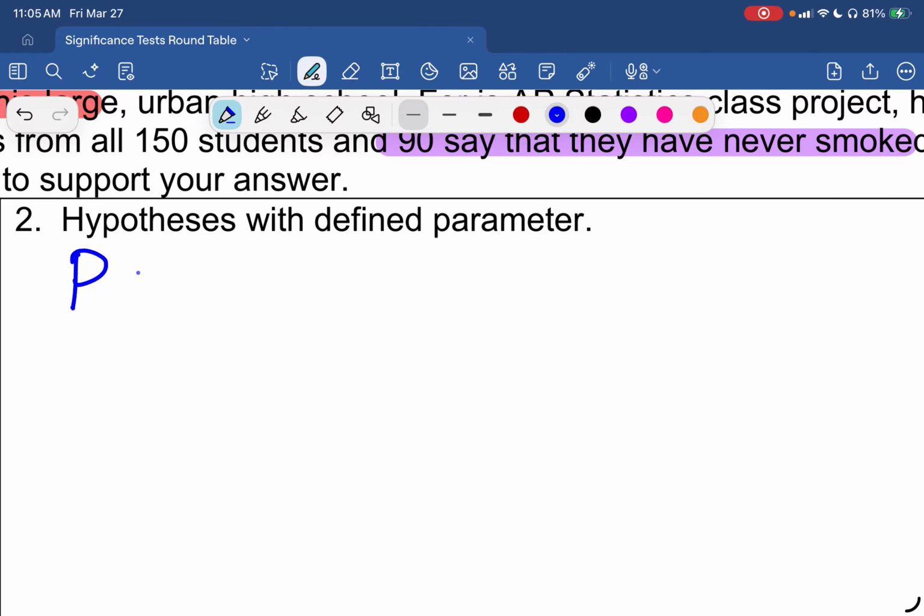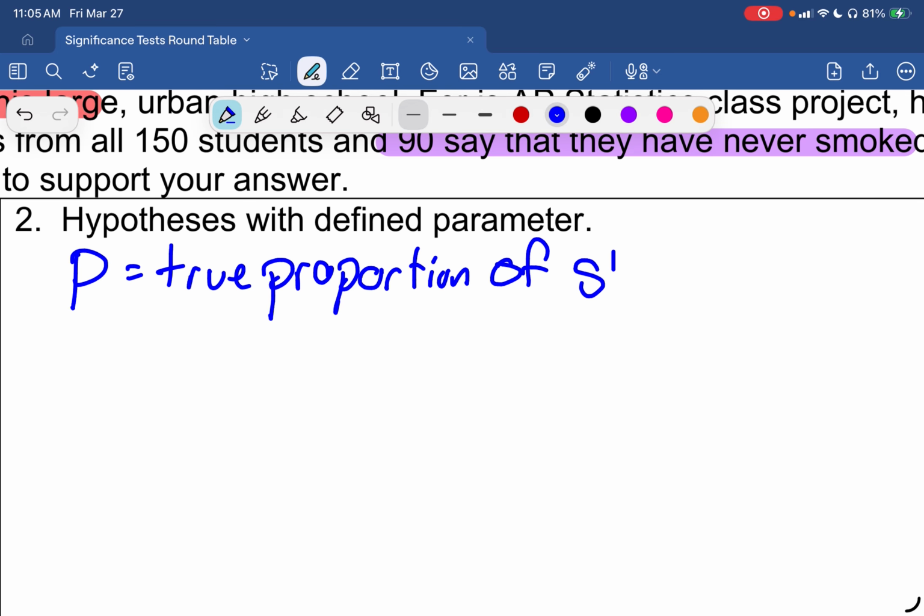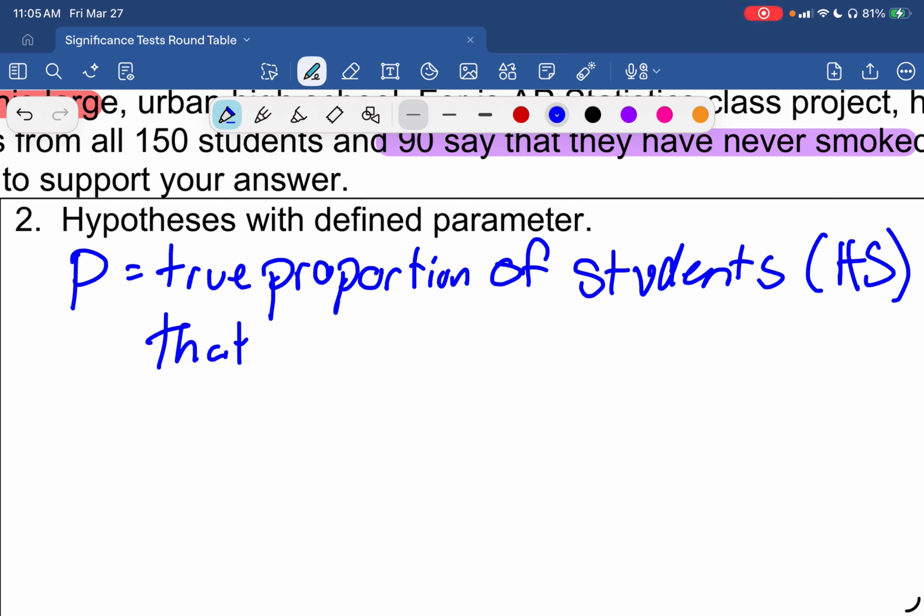The key in this one, though, is the true proportion of students, and we should specifically say high school students, that have never smoked.